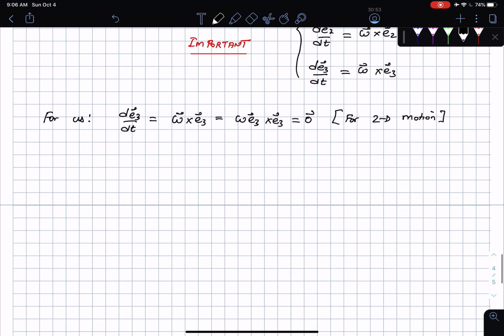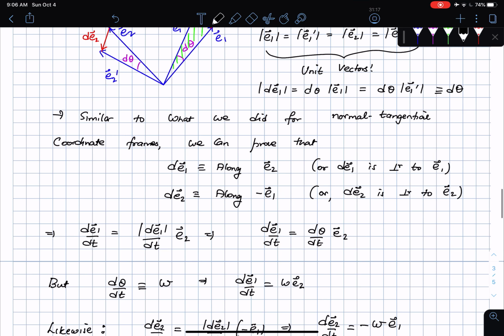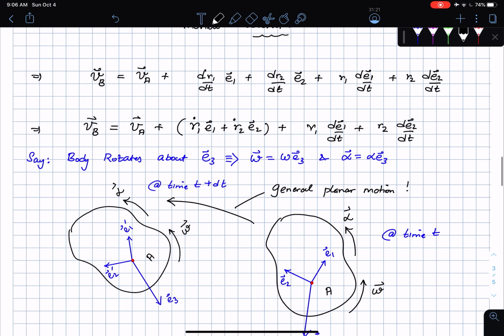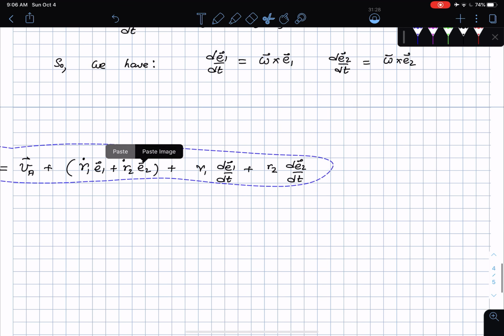Okay, so in summary, for us, we have dE1 by dt is omega cross E1, dE2 by dt is omega cross E2. I'm going to go and bring my velocity differentiation expressions from before and then wrap this up. Okay, so go back and then bring this big guy from here. Okay, so I'm going to copy that and I'm going to bring that down here.